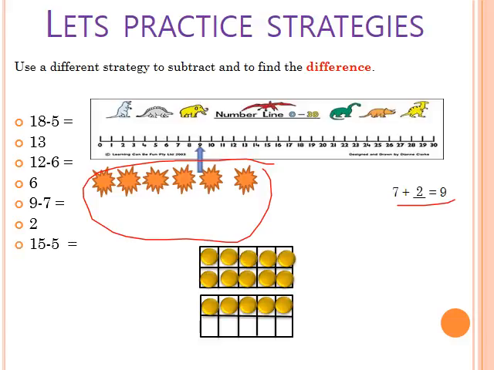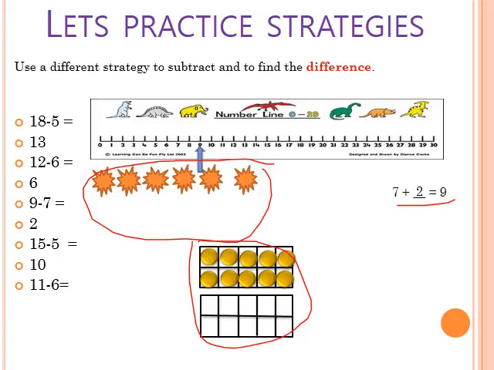Our last problem is 15 minus 5, and we're going to be using the 10 frames. Well, if we subtract 5, we have how many left? 10. All these strategies you need to practice.